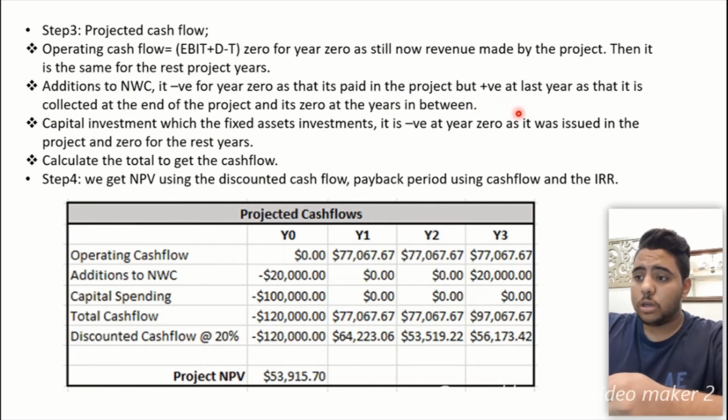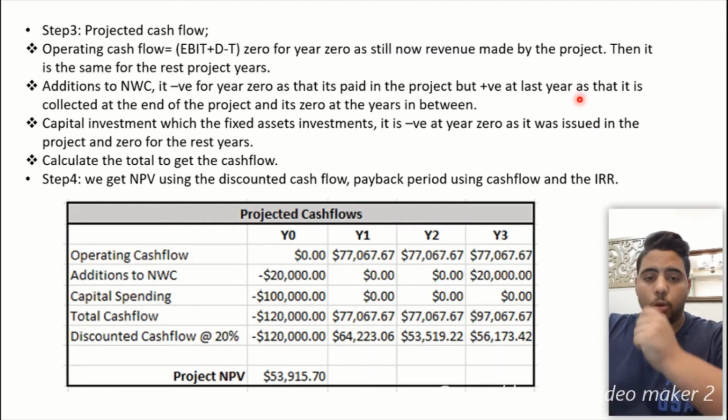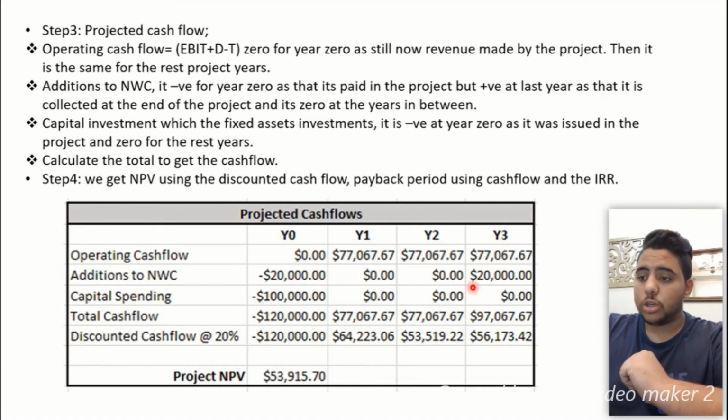Then it's positive, as shown here, at the last year, because we collect it again from the project. In the middle, it's zero. The capital investments, which is the fixed assets investment, is negative at year zero, as it was invested in the project, and zero for the rest of the years.